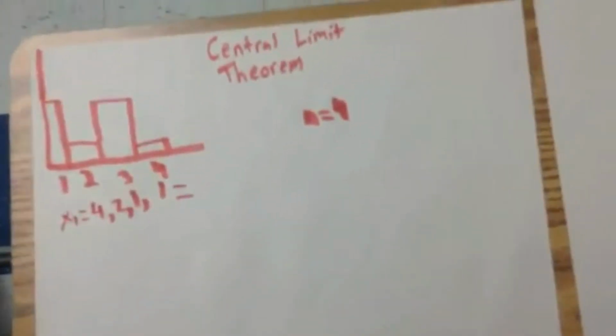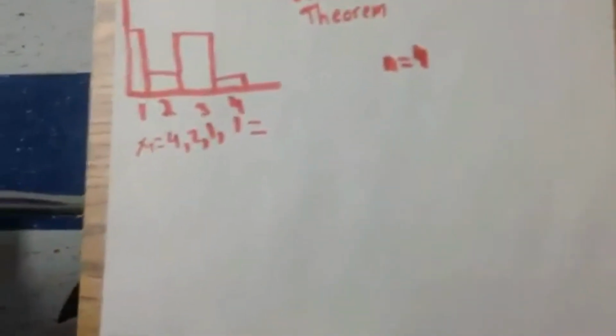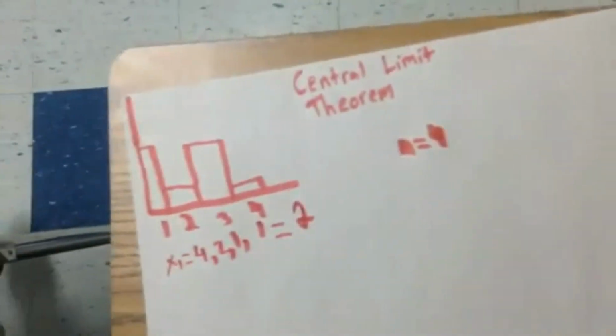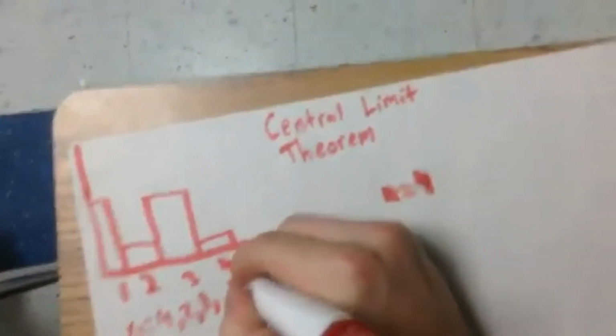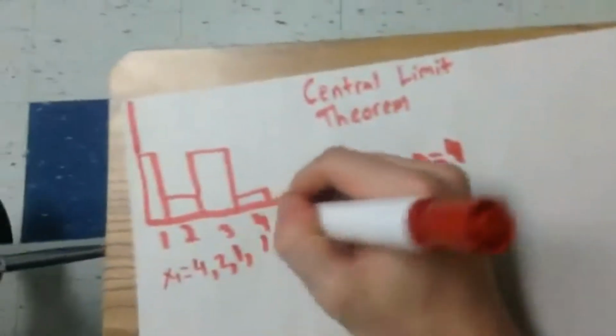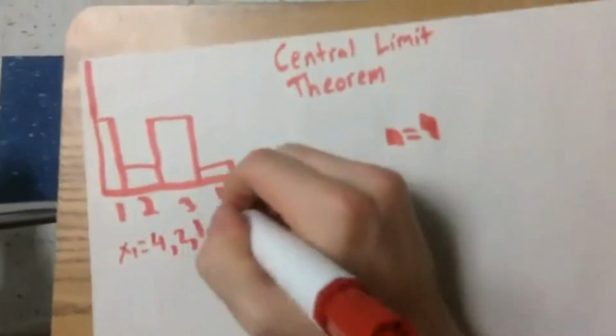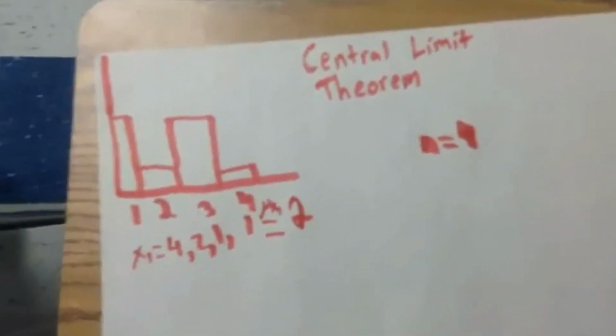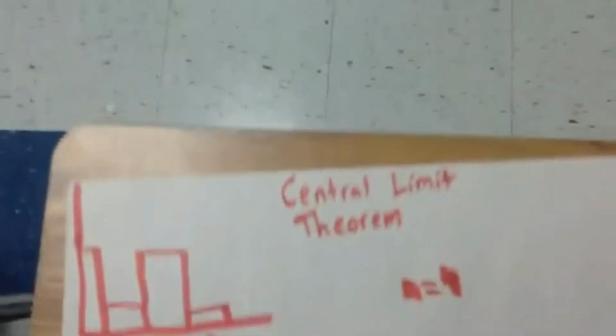Oops, sorry guys, messed that up. Divide that by 4, we get an answer of 2 as the mean, or I should say mu equals 2, or the mu of x1. You'll see that written. That's just the mu of your sample, or the mean of your sample.